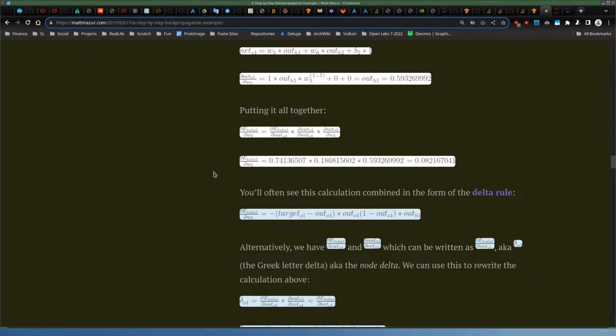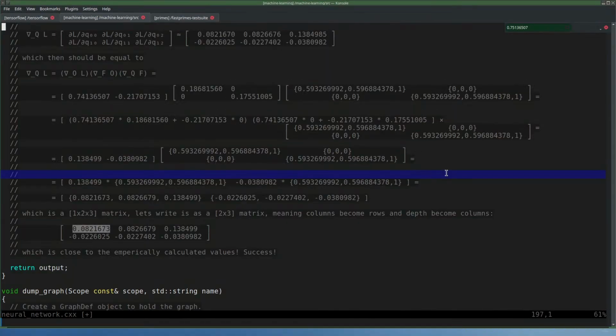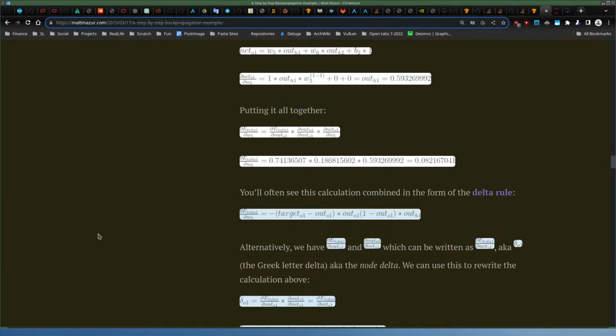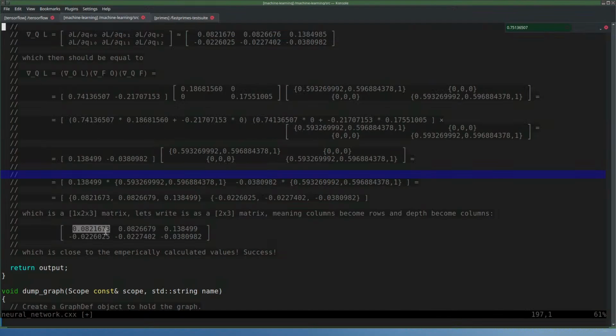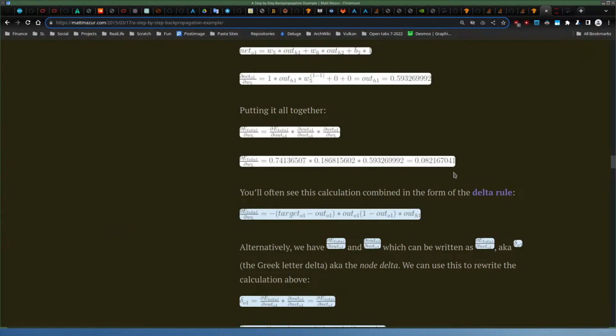It's kind of surprising that I do not get the exact same value. I get 7.3. There's a 0 here.